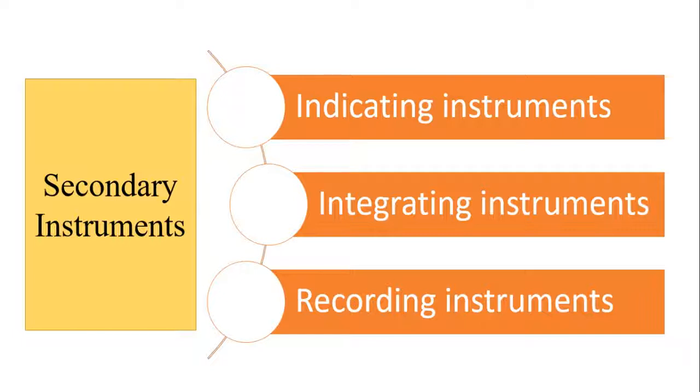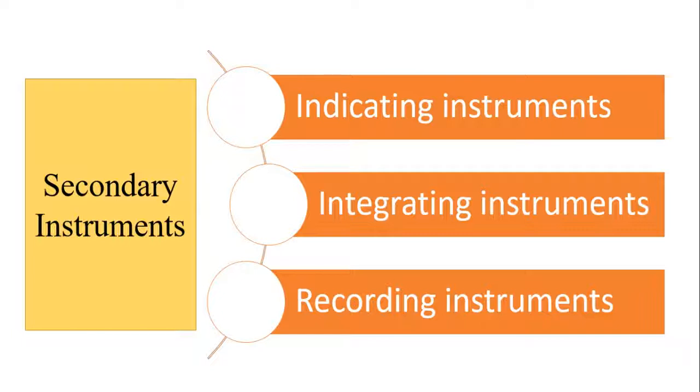The second category is the integrating instrument. Integrating instruments are used to record the totalized event over a specific period of time. The summation which they give is the product of the time and the electrical quantity.